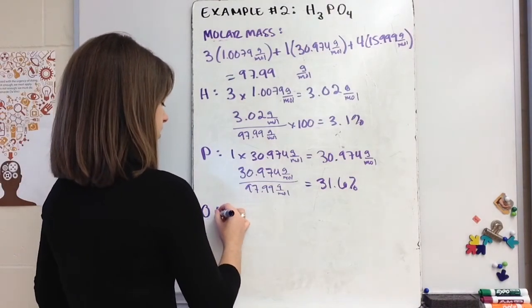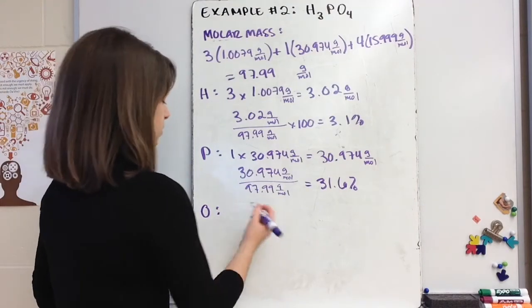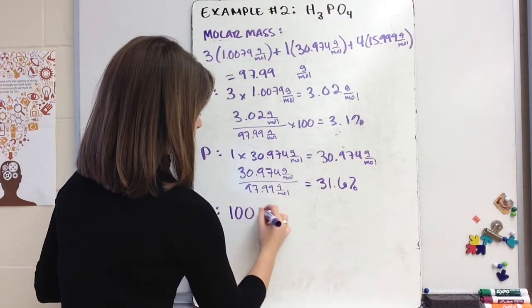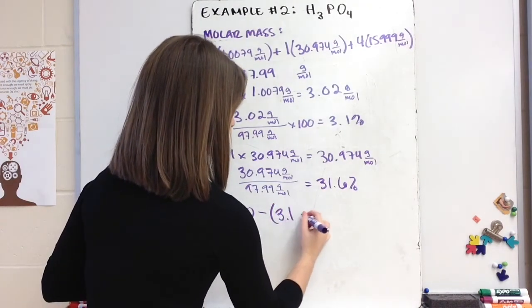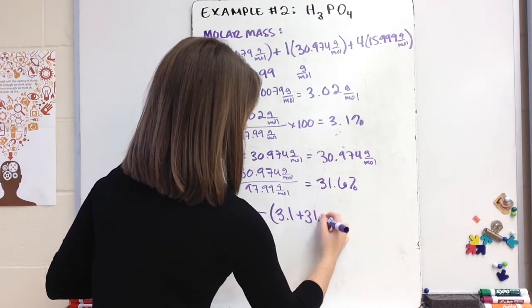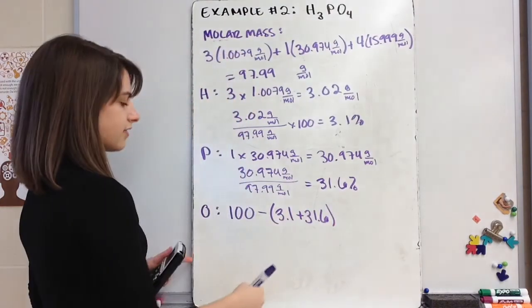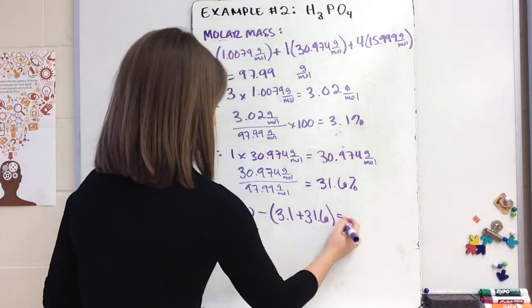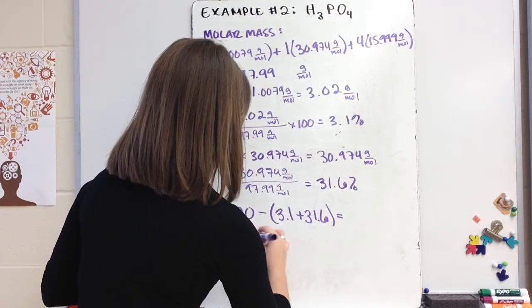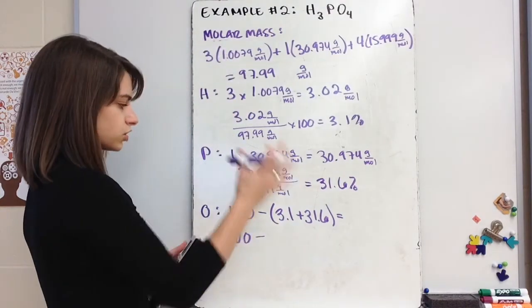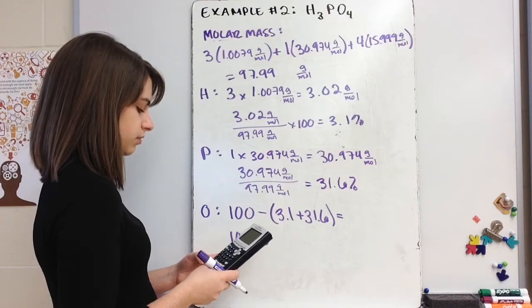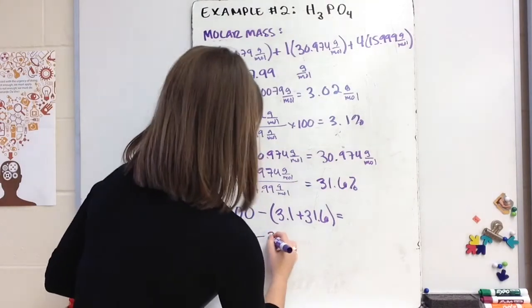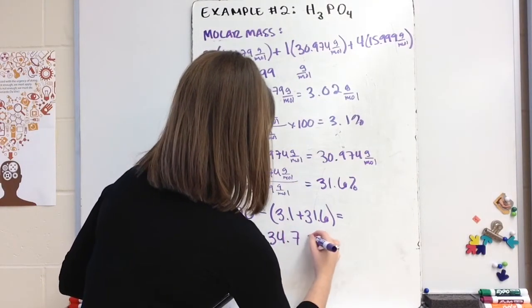So then the remainder is going to be oxygen, and I'm going to show you this the other way now. So I know that I have to have a total of 100%. I've already used up 3.1% and 31.6%. So whatever's left has to be due to oxygen. So if I do 100, because 100 is the total, 3.1 plus 31.6 gets me 34.7.